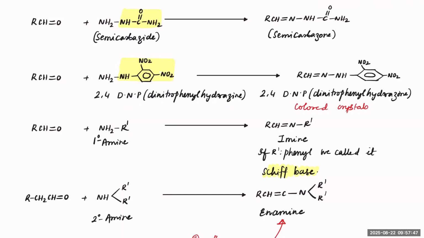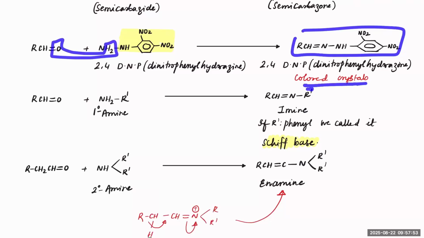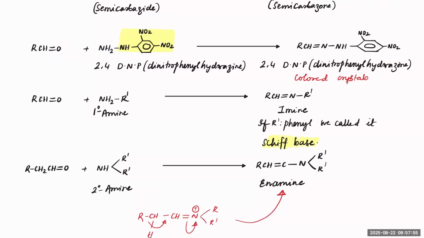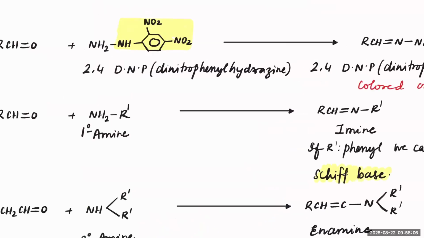And this oxygen and H2 will be removed out. You will get this product. This will have different shiny crystal forms. And this is the main test used for identifying aldehydes and ketones, known as the 2,4-DNP test. And the reagent is called Brady's reagent.